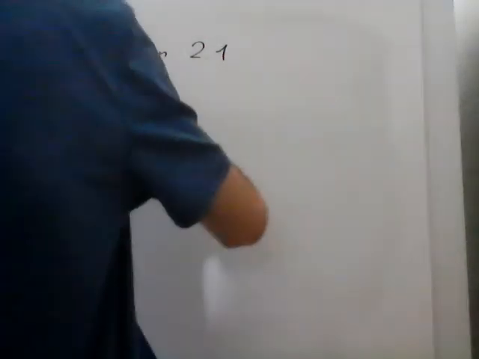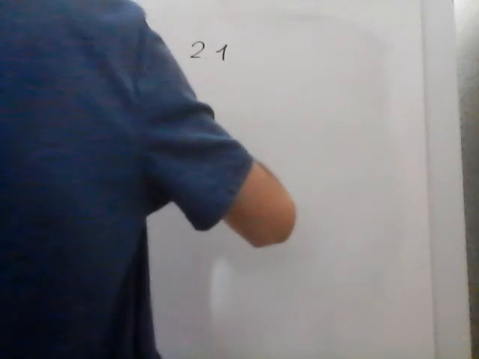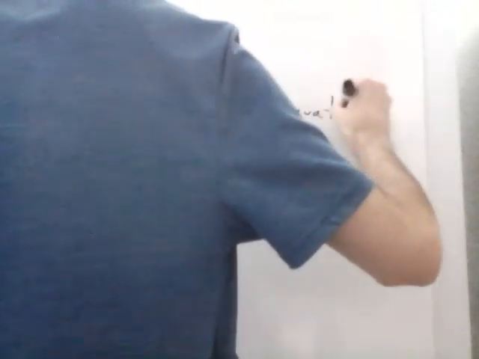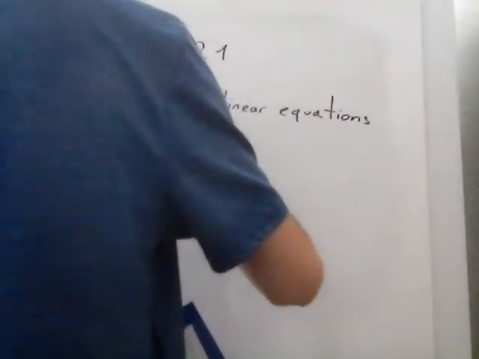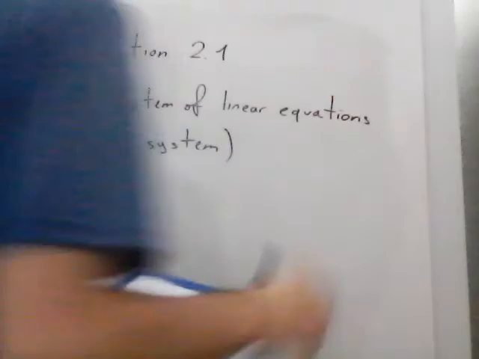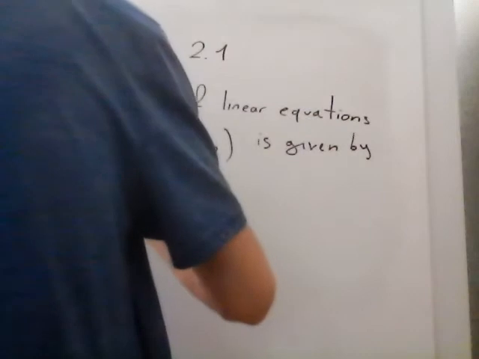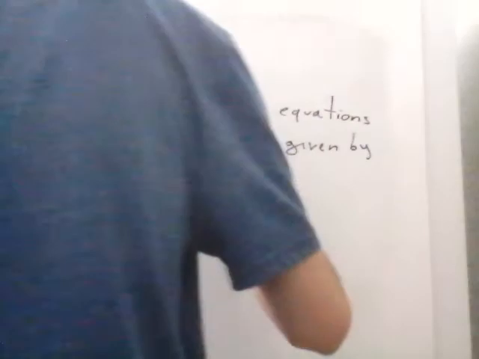So a system of linear equations, also called a linear system, is given by one or more equations in one or more linear equations.